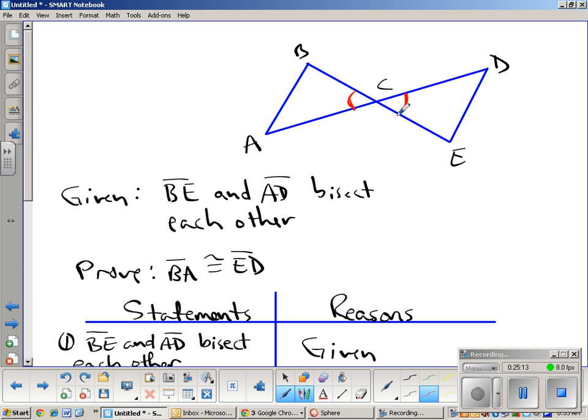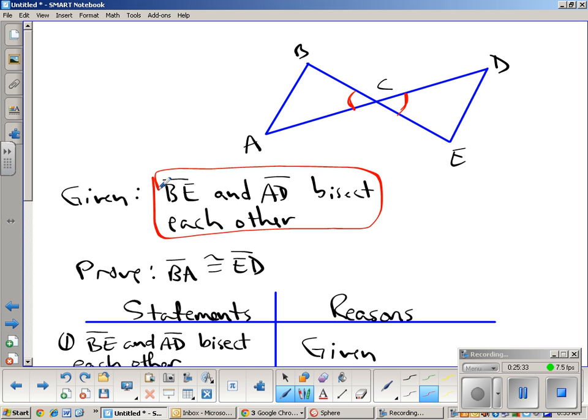But the question is, what does it mean that these segments bisect each other? We have to be asking, why did they bother to tell me that? That must have value. And it does. What does it mean if a segment bisects another segment? It goes right through the center.